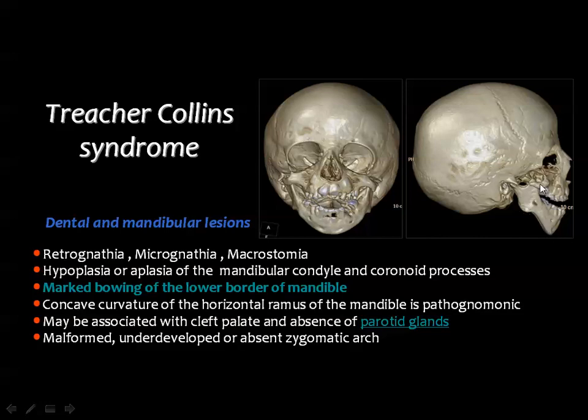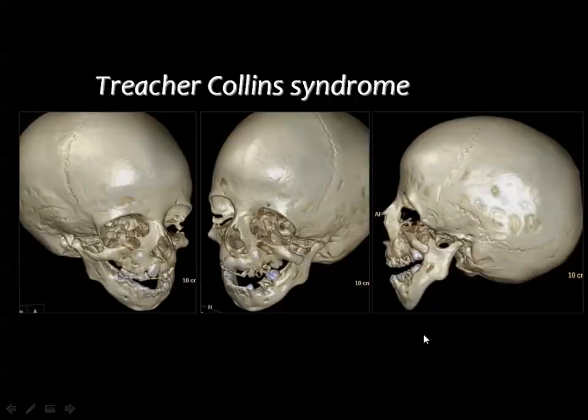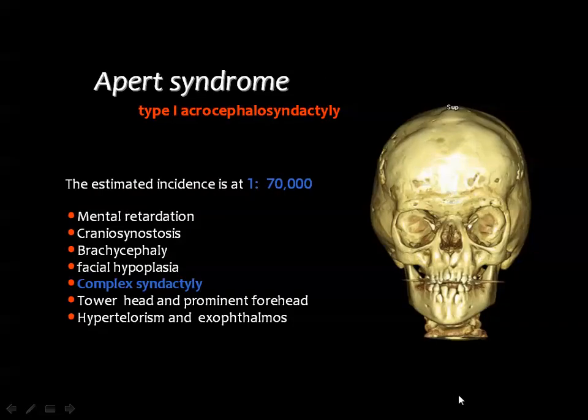And also there may be hypoplasia or absence of the zygomatic arch. And you can see, of course, different projections for the skull after 3D reconstruction. Here you can see the deficiency of the zygomatic arch bilaterally, and you see the hypoplasia of the mandible with the concavity of its lower border.